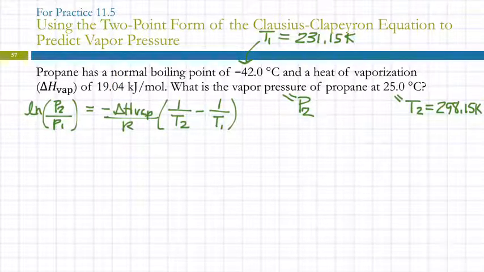The normal boiling point is the boiling point at 1 atmosphere. So P1 being 1 atmosphere is hiding in this word. And that's something that'll mess you up on an exam. I'll give you this equation, but I will not remind you that normal boiling point is at 1 atmosphere.